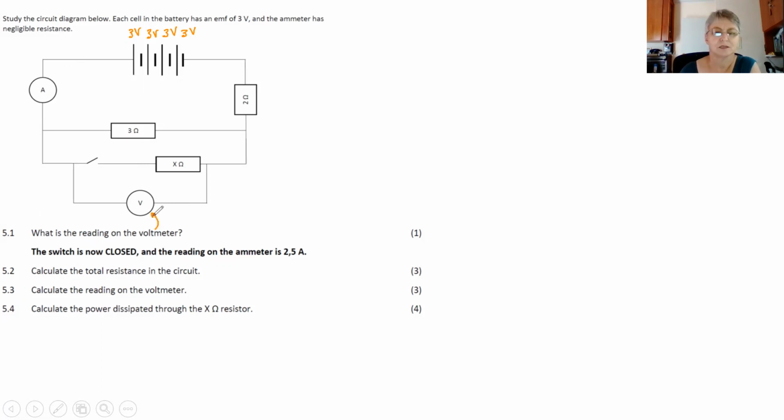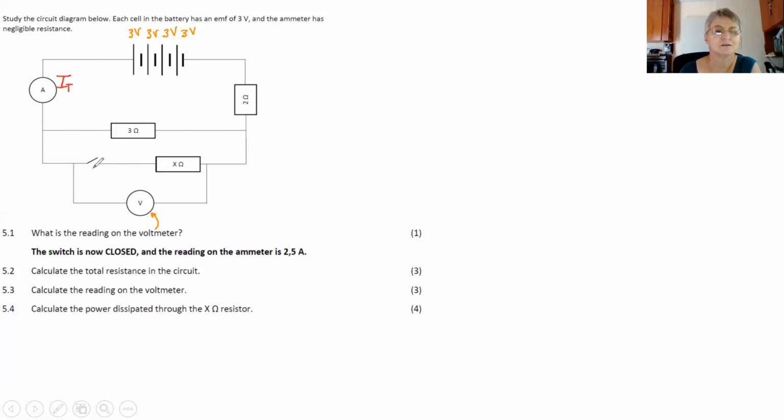This is the voltmeter. Now, to notice is that we have the ammeter reading the total current because it's connected in series to the battery. Then the 3 ohm resistor is connected in series to the 2 ohm resistor.